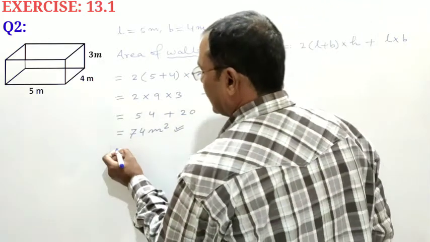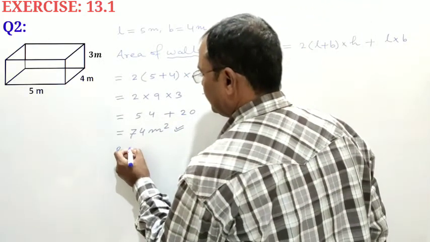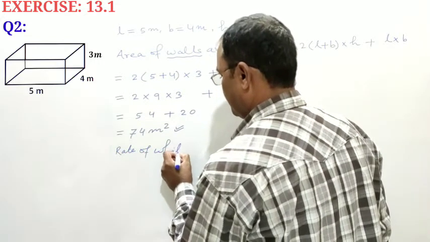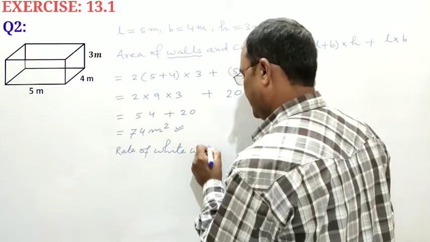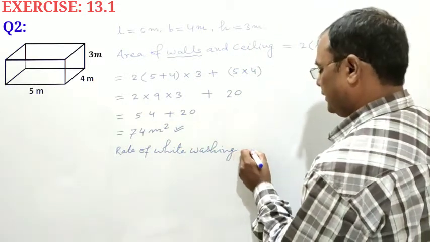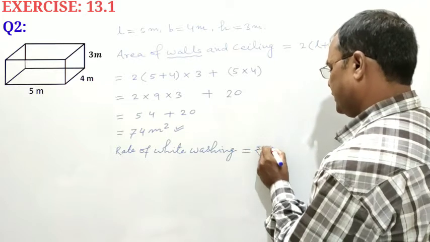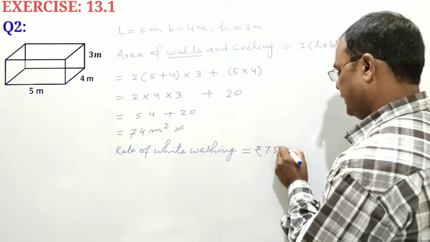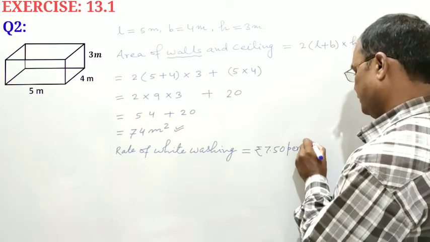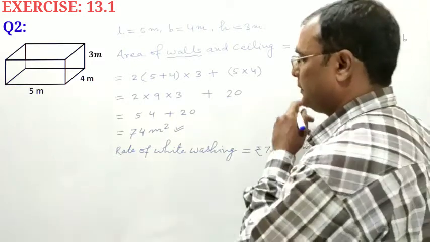So let's write rate of whitewashing is already given in the question, rupees 7.50 per meter square.